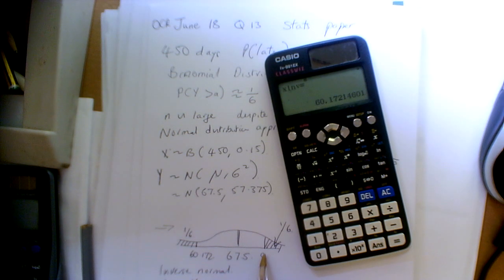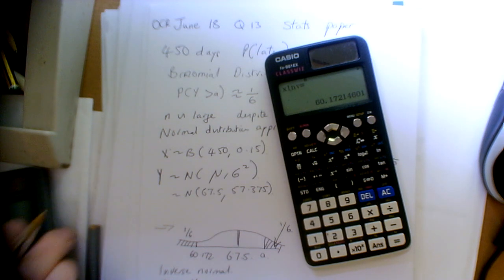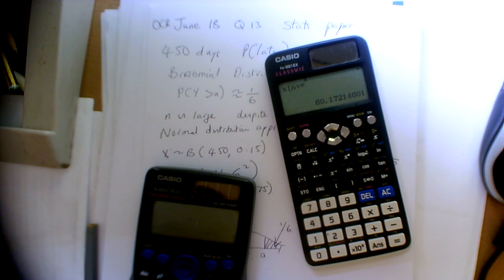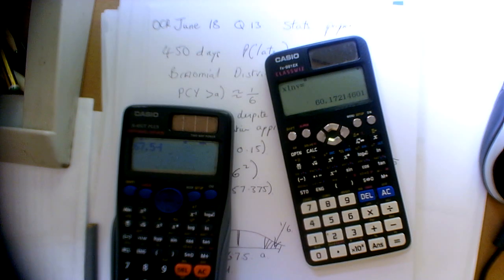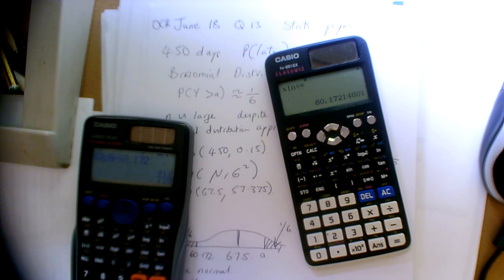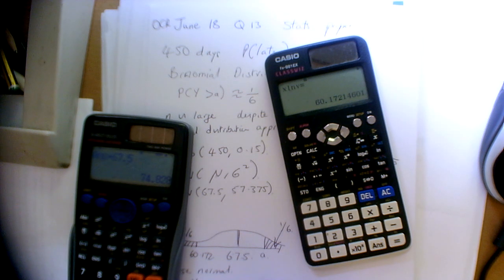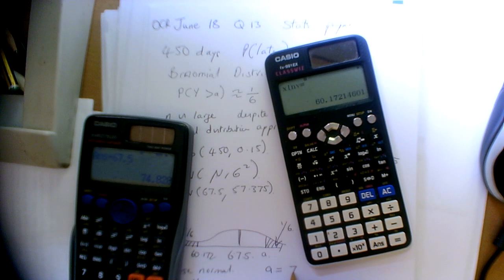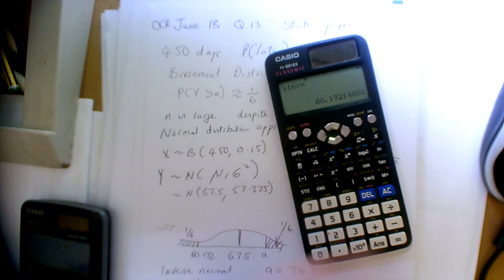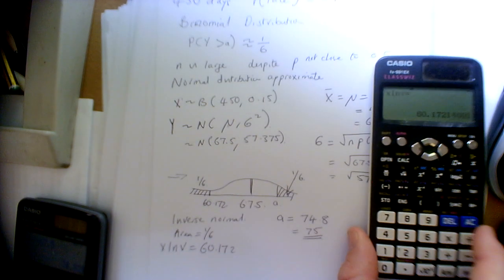So to get to that value, we've got to do that subtraction, 67.5 minus 60.172, and then add that on to our mean because of the symmetry of our curve. Okay, so therefore A is equal to 74.8, which you could round to 75. Whoops, sorry, just missing that last bit.